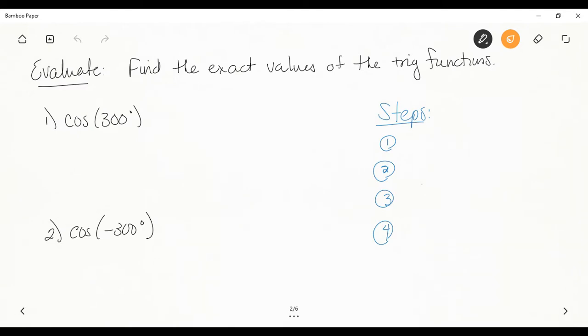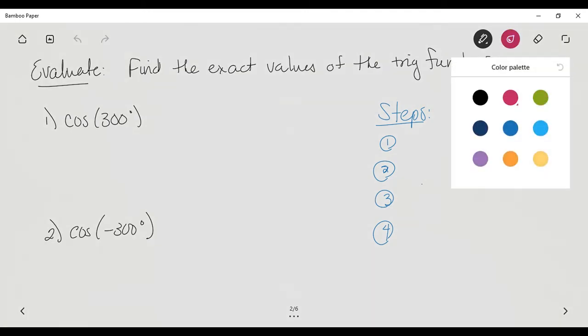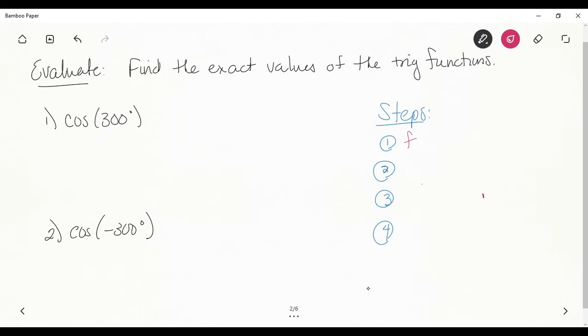When we're given an angle like 300 degrees, and we want to find the cosine, there are a couple of steps we can follow. The first step is to look at our given angle, and we're going to find our reference angle. So in number 1 here, I'm going to follow along with these steps.